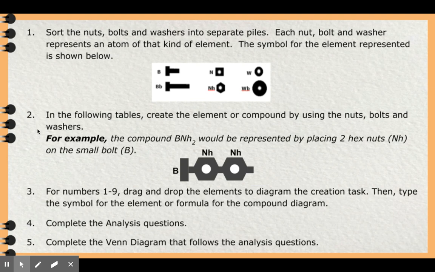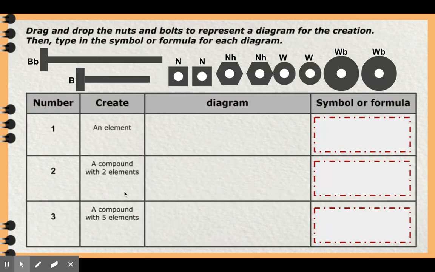In the following tables, create the element or compound by using the nuts, bolts, and washers. For example, the compound BNH2 will be represented by placing 2 hex nuts, the ones that represent NH, onto the small bolt, which represents the element B. So you're just going to click and drag them on.